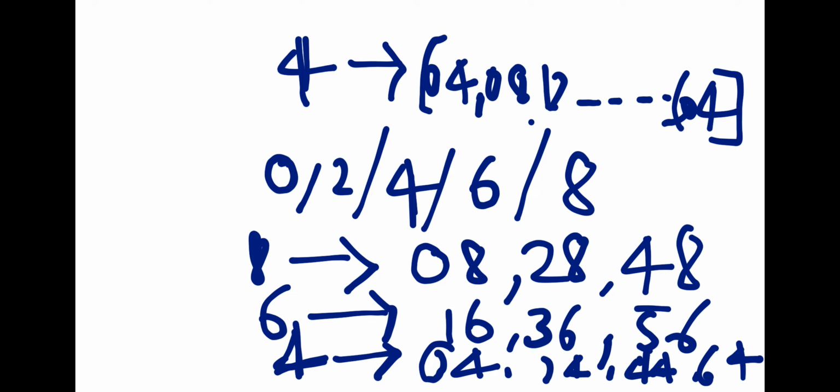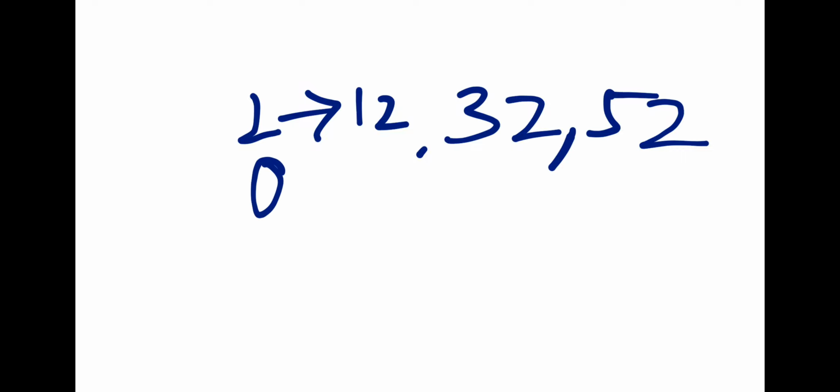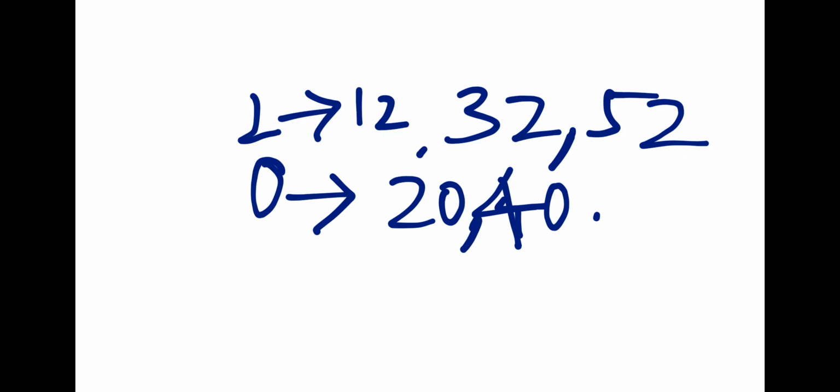The multiples of 4 with unit digit as 2 are 12, 32 and 52. Multiples of 4 with unit digit as 0 are 20, 40 and 60. These are the multiples with different unit digits.